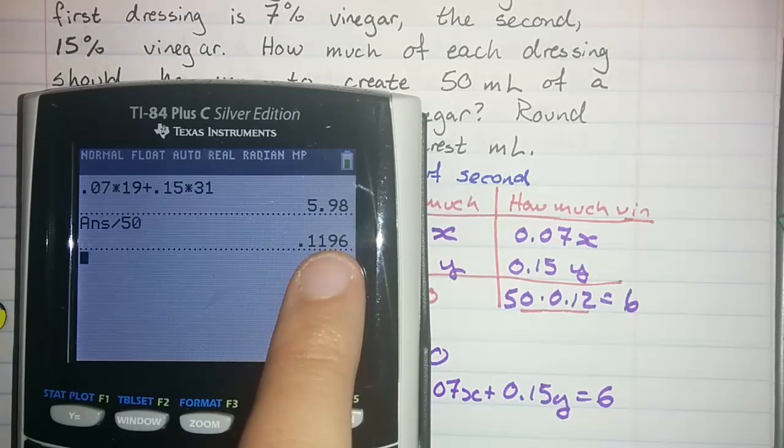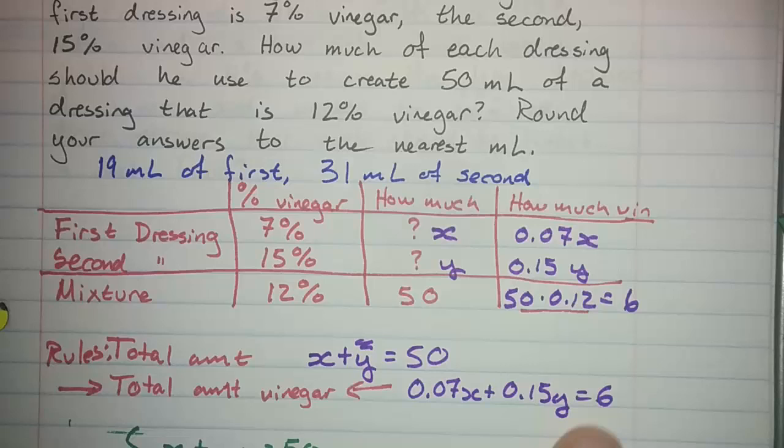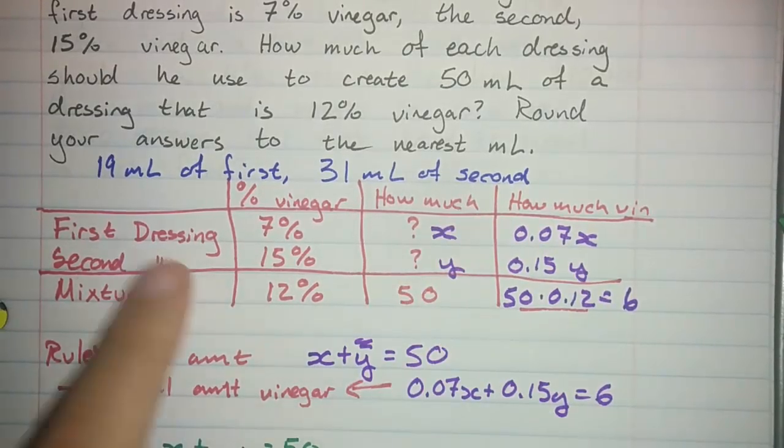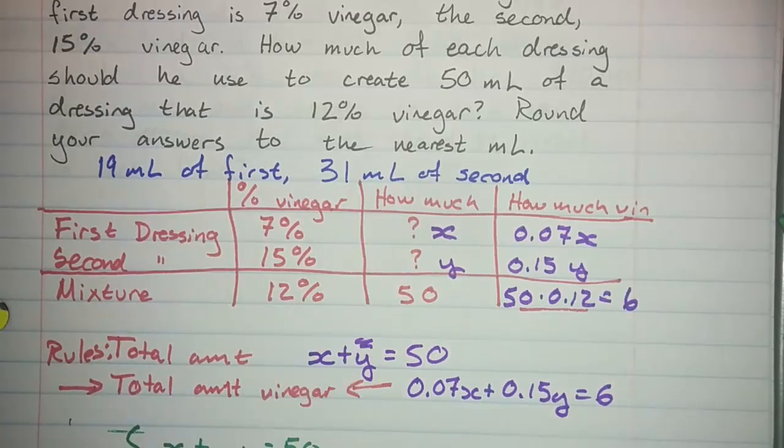Do I expect exactly 12%? No, because I rounded my answer. So my mixture actually works out the way that I hoped that it would. These numbers seem reasonable. Yes, I think that this answer does make sense.